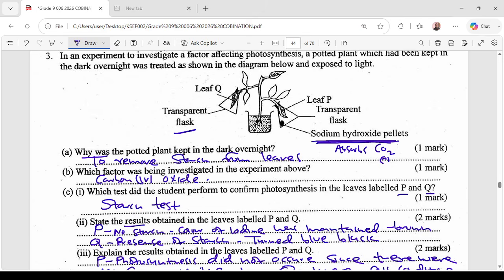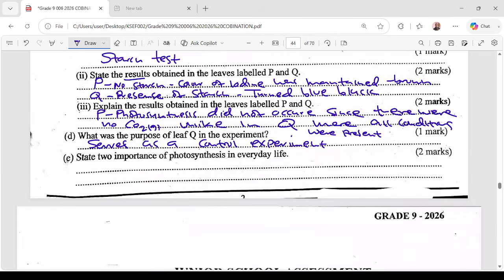It was there to show that carbon dioxide is necessary, that when you don't have carbon dioxide, photosynthesis will not occur. So it's called a control experiment.